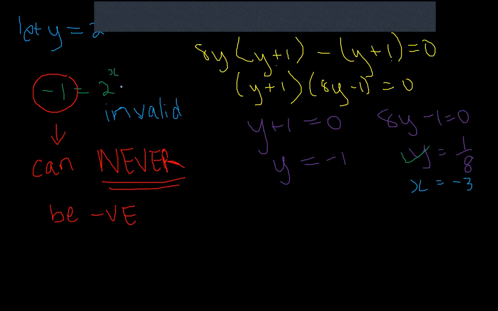That's why I was planning to start logs today, but we wouldn't have the time. So just for now, know that this number can never be negative. When we start logs next class, I'll show you why it can't be a negative number and why this right here is invalid.